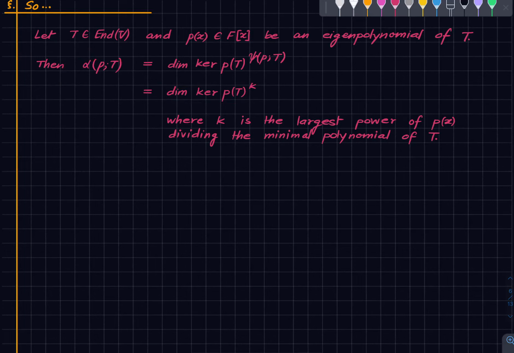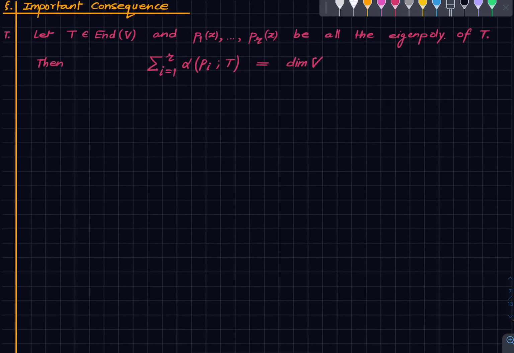Okay, and now an important consequence of this thing is the following. Fix an endomorphism on a vector space V, and P1 up to PR be all the eigen polynomials of T. In other words, P1 up to PR are all the monic irreducible divisors of the minimal polynomial of T, because eigen polynomials are precisely the monic irreducible factors of the minimal polynomial.